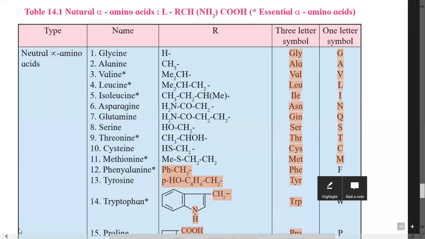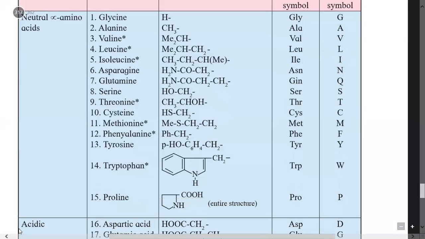Then the next example is tyrosine. Here the R group is a para OH group, that is, C6H4, a benzene ring bonded with an OH group at the para position, and a CH2 group. These are para to each other. The symbol is TYR and the one-letter symbol is Y. The next is tryptophan.